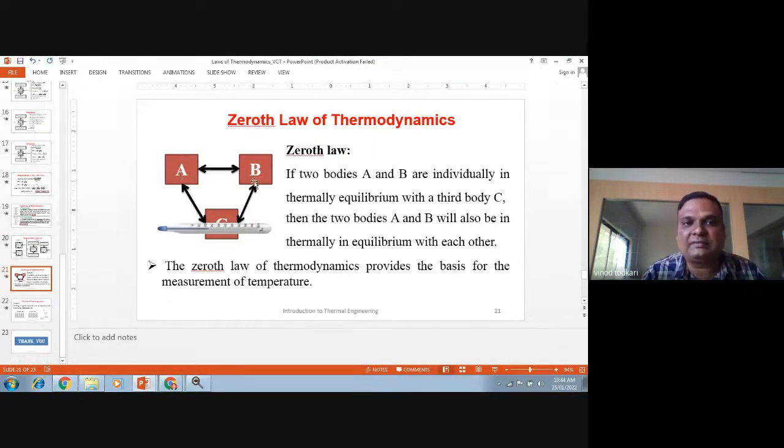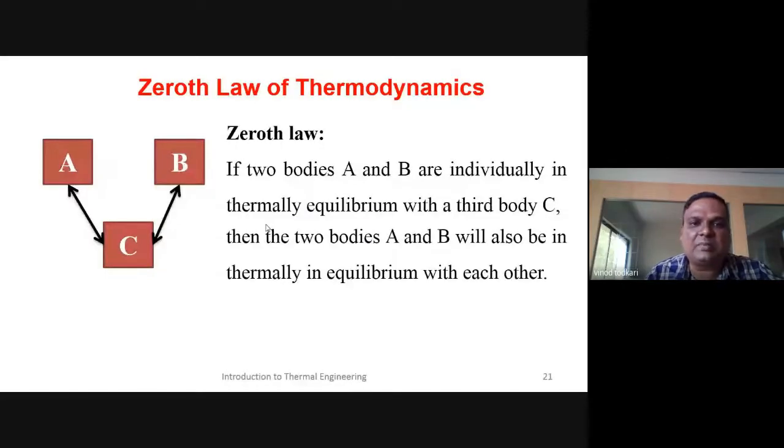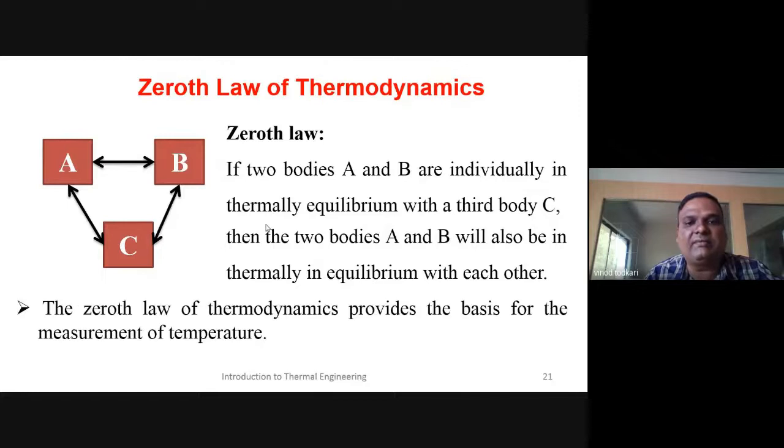Now see, this is body A, this is body B. A and B are not in contact with each other, but still we can say that A and B are in thermal equilibrium with each other. This is called the zeroth law of thermodynamics.